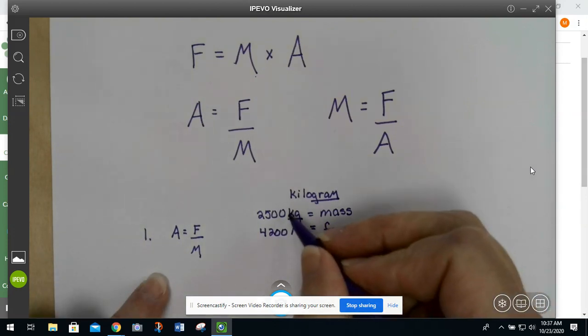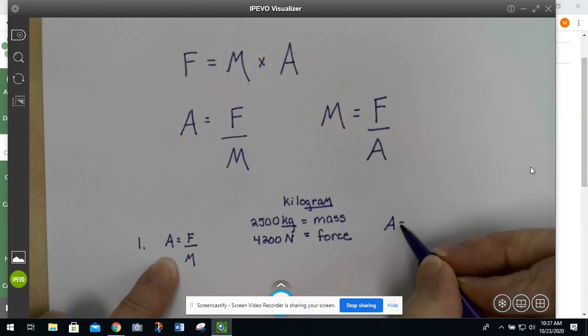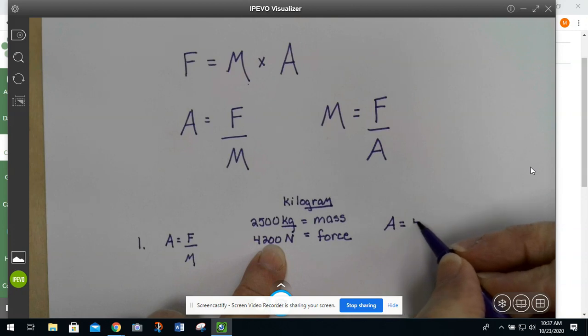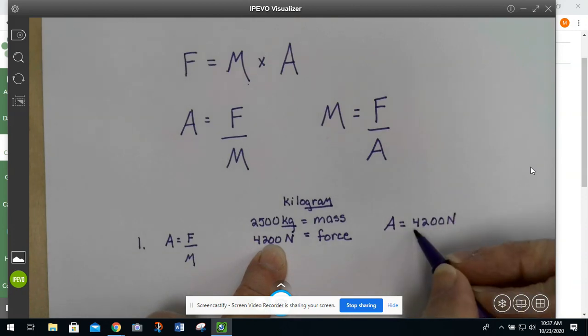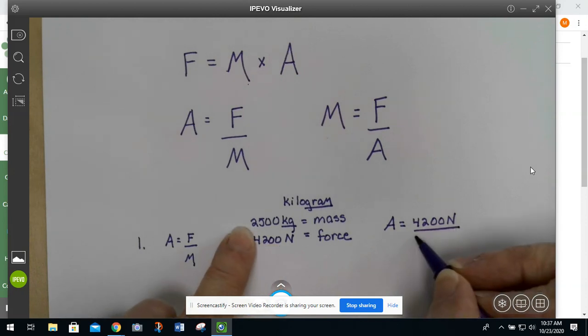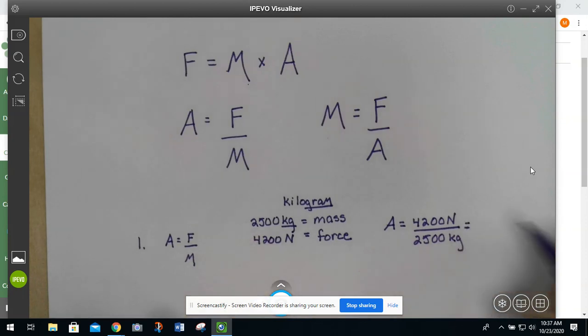So now I'm ready to just plug these numbers in. So acceleration equals force, that's 4,200 newtons, divided by the mass. And I believe if you put that in your calculator, you get 1.68.